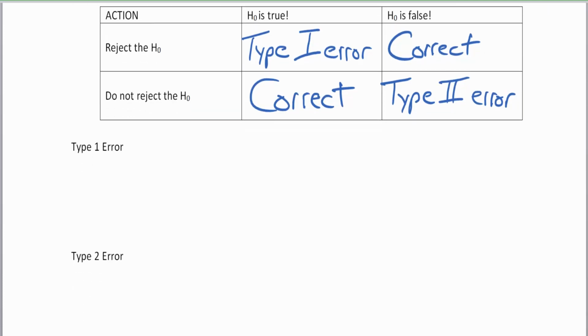Now, what's nice about this is I have this in front of us so we can compare and contrast. A type 1 error is when you reject the null hypothesis when it's true.